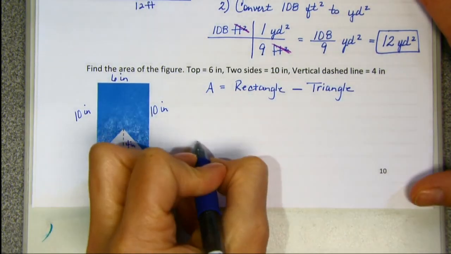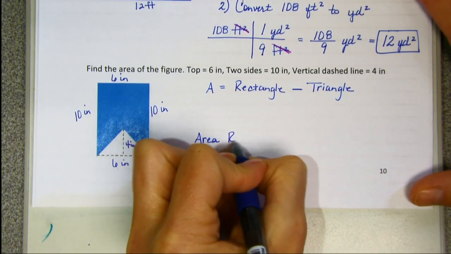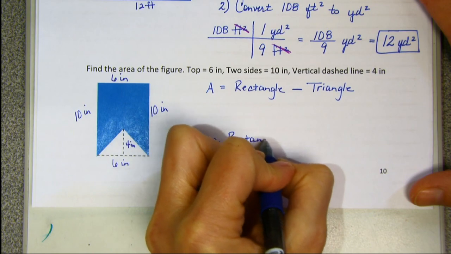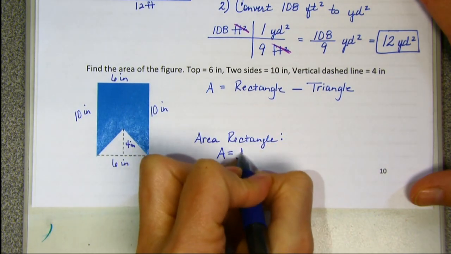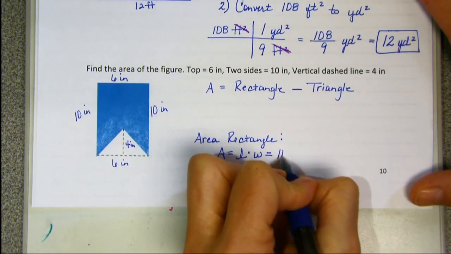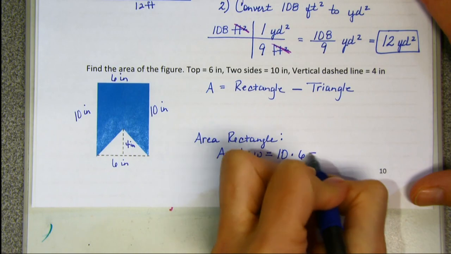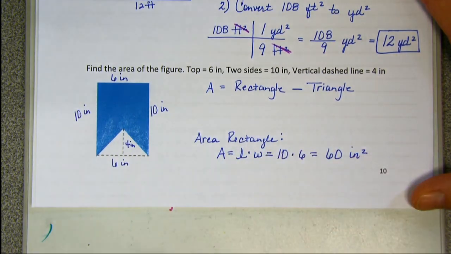Okay, so I'm going to come down here and find the area of the rectangle first. That's length times width. Length 10 times width 6. So we get 60 square inches or inches squared.